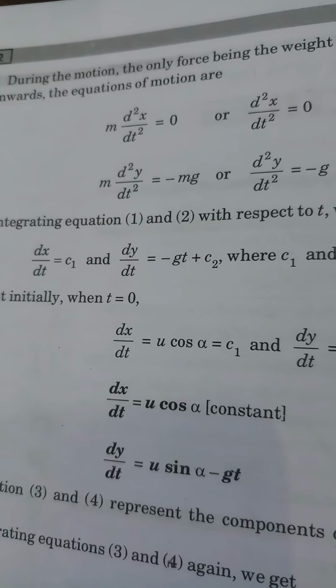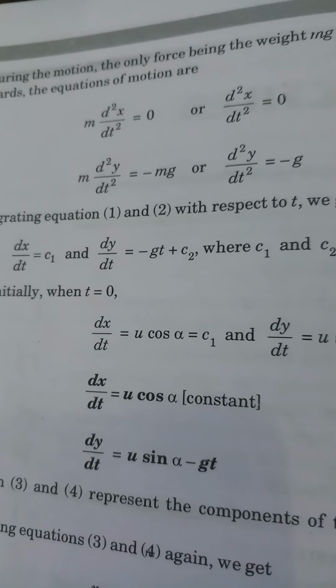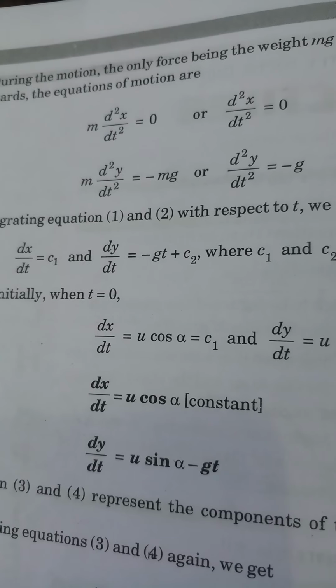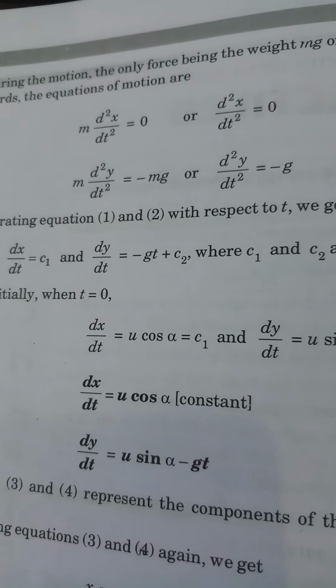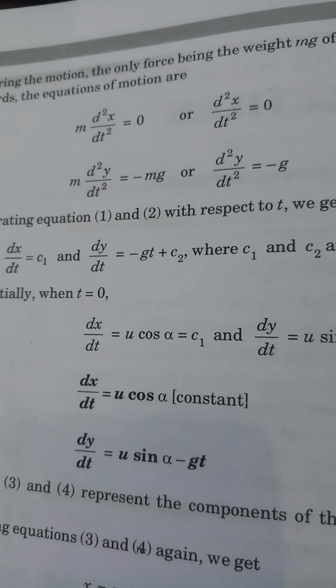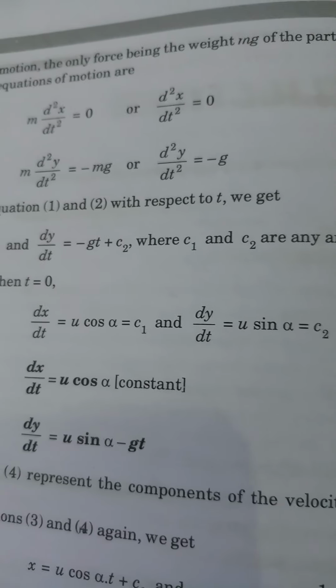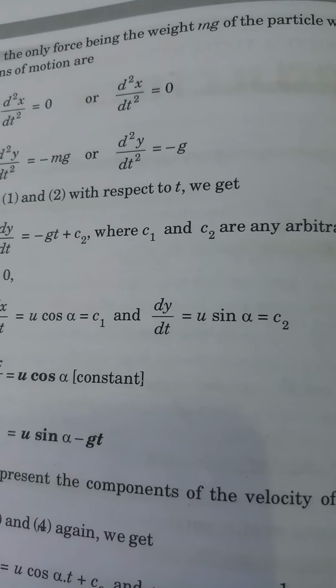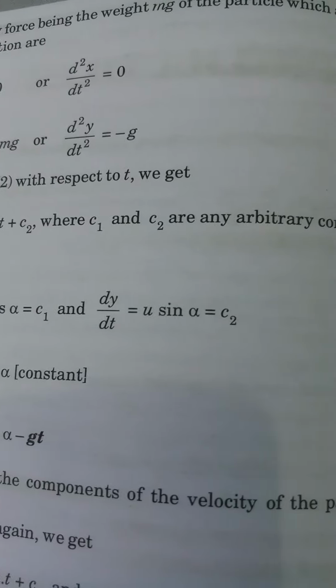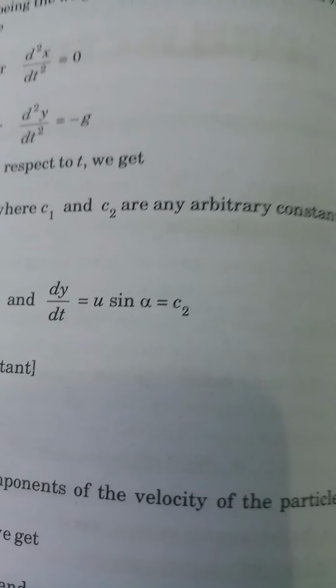The equations of motion, according to Newton's second law of motion, along the x-axis are m d2x/dt2 equal to 0. Since m is never 0, d2x/dt2 equals 0. Mass is never 0, acceleration can be 0.